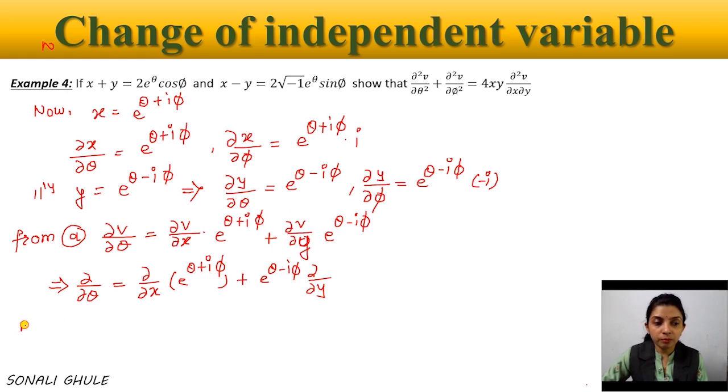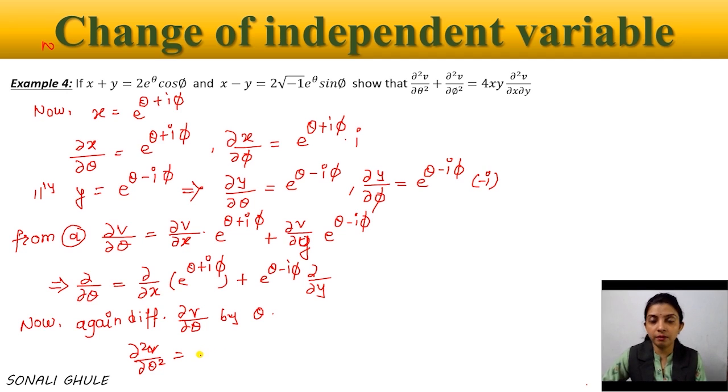Okay. Now again differentiating dou v by dou theta with respect to theta, this will give you dou 2v upon dou theta square, the double derivative of v with respect to theta, right? So I can write here dou by dou theta of dou v by dou theta.